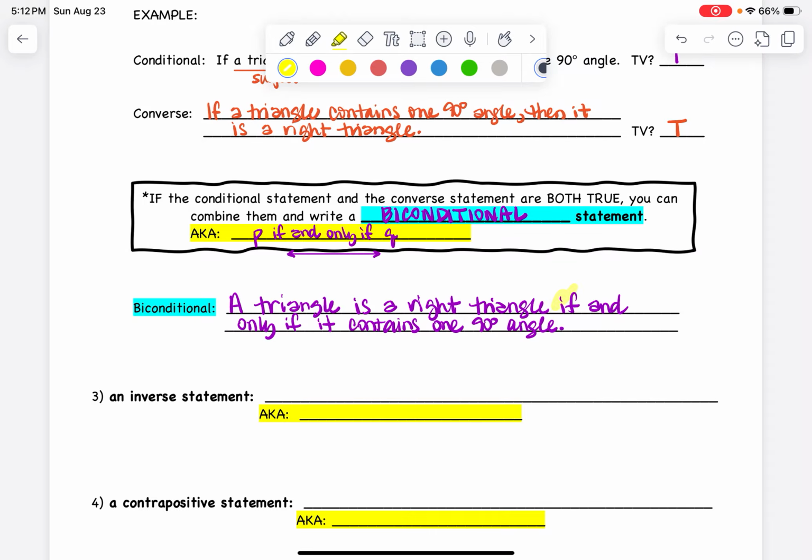Okay, so here's that if and only if. And of course, I could have written this in the opposite. I could have said a triangle contains one 90-degree angle if and only if it is a right triangle, right? So any direction is totally fine.